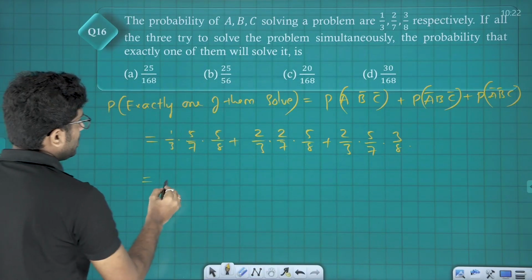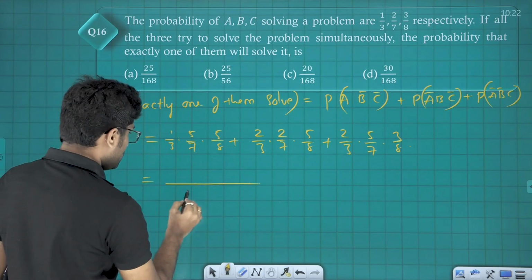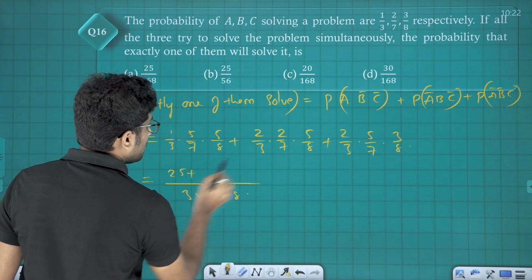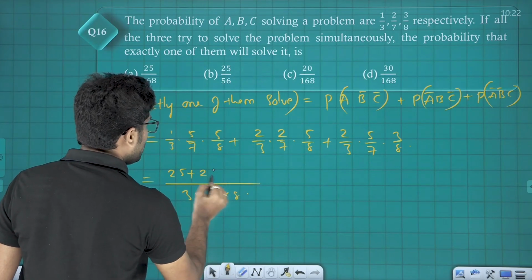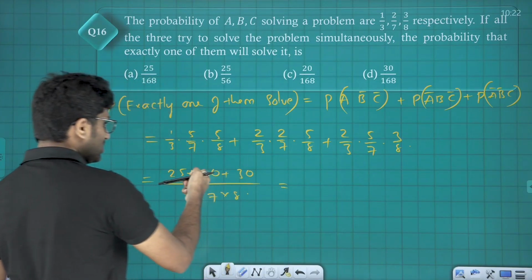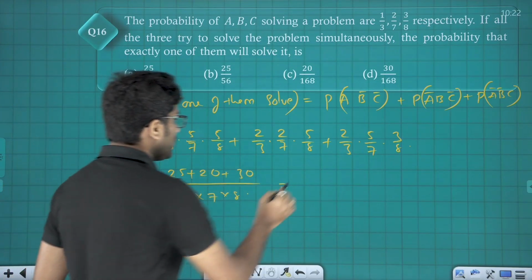Anyhow the denominator is 3 into 7 into 8. 5 fives are 25, plus 5 twos are 10, 10 twos are 20, plus 5 twos are 10, 10 threes are 30. 20 plus 30 is 50, 50 plus 25 is 75.